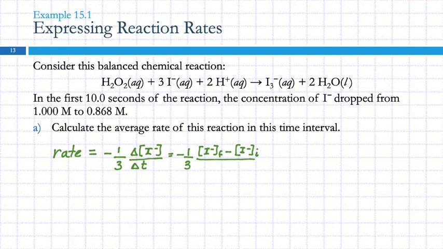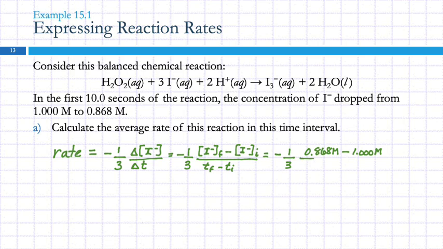And we're going to divide that by the final time minus the initial time. Okay? Delta is final minus initial. I'm writing this out in way more detail than you would once you get the hang of this. So negative 1/3. And then the final concentration is what it goes to. So that's the 0.868 molar. And we're going to subtract the initial concentration, which is 1.00 molar.